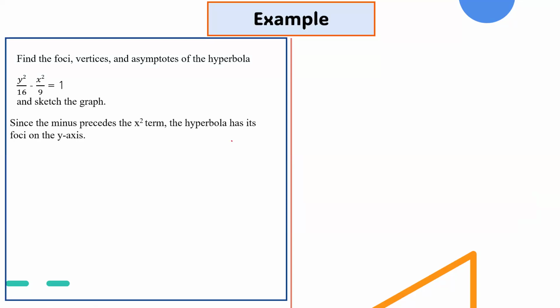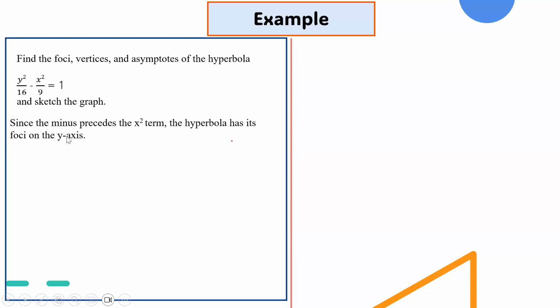Now let us look at the example in front of us. We're going to find the foci, the vertices and asymptotes of the hyperbola, given the equation y squared over 16 minus x squared over 9 equal to 1.